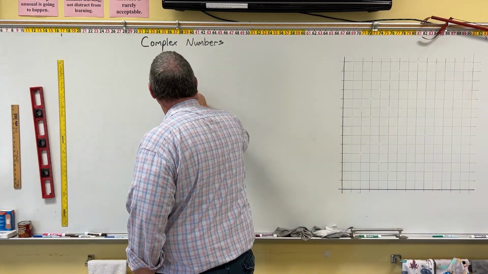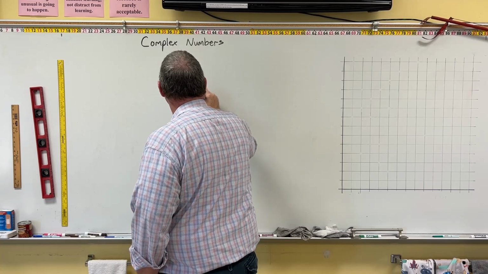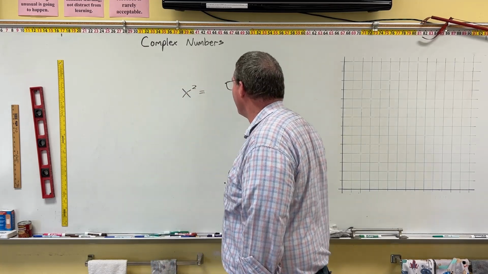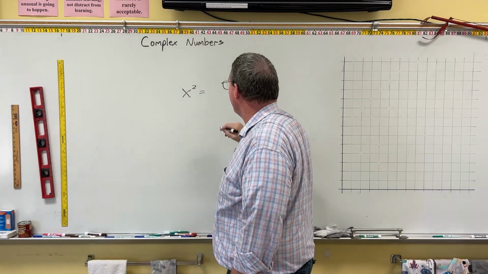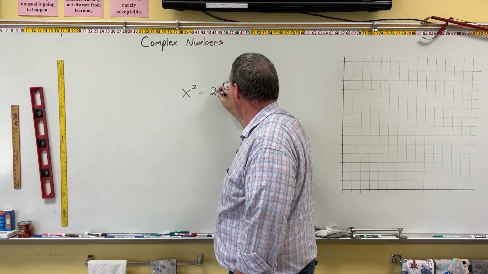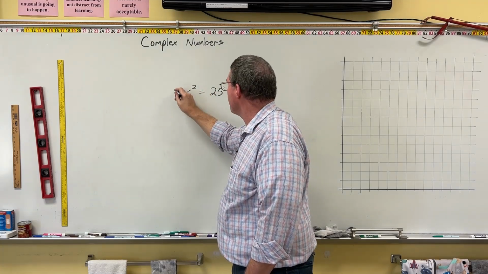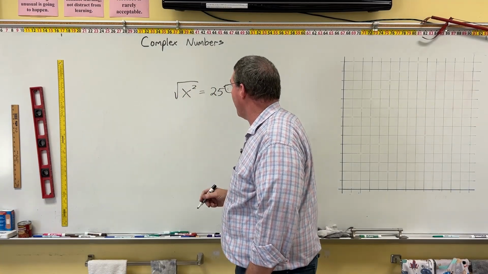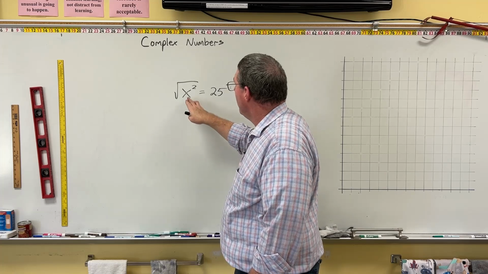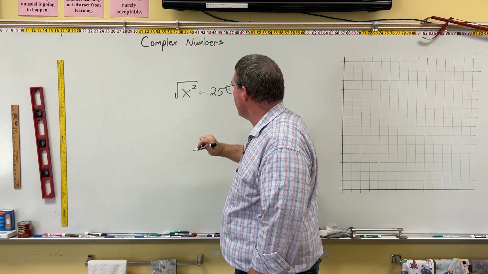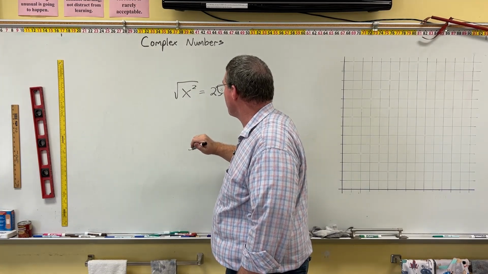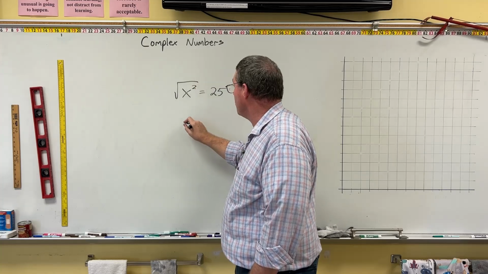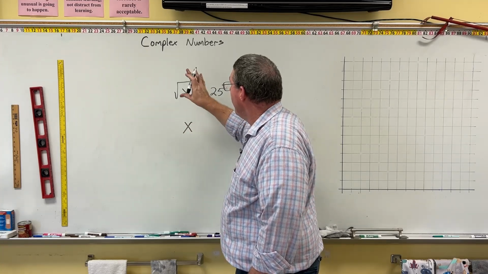So whenever we want to solve an equation that has x squared in it, for example, let's say that we had x squared is equal to 25. The way that we would solve this is we would take the square root of x squared, and we know that x times x is equal to x squared, and so the square root of x squared is simply x.